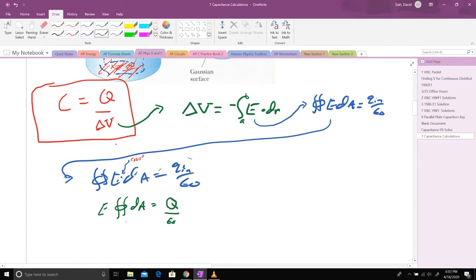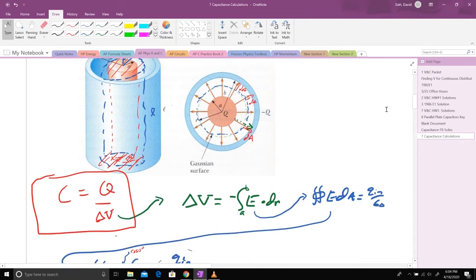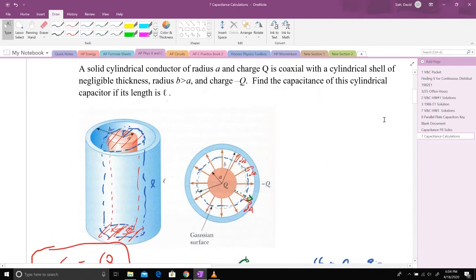Okay, so I just have to figure out what this area is. We already figured out that I don't have to worry about any flux through the top surface or the bottom surface. The only flux is going out the sides of this blue Gaussian surface. So I need to figure out the area of that side. To do that, I would slice it down the side and unroll it.